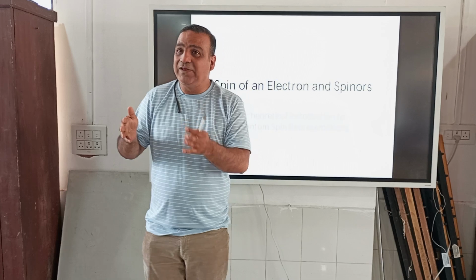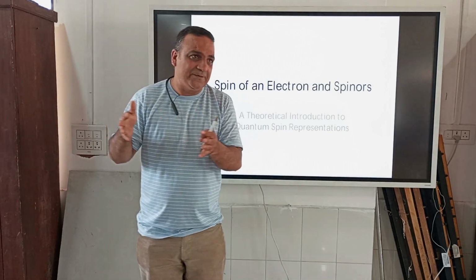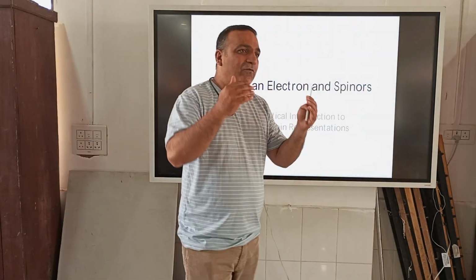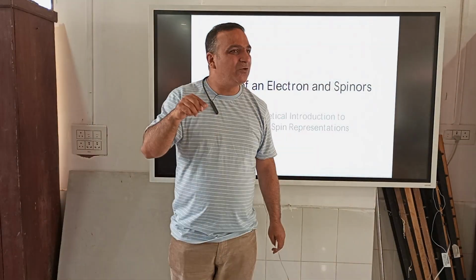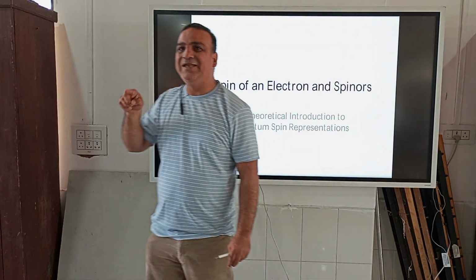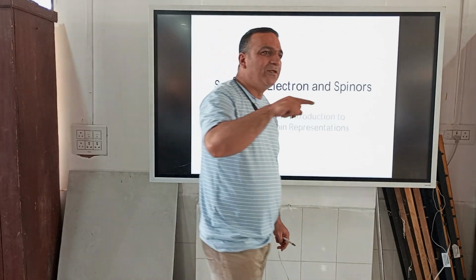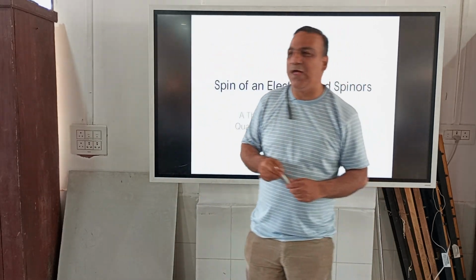But we can put an analogy, and using that analogy, we can say that spin angular momentum should also be quantized, and this spin angular momentum must be equal to under root of s into s plus 1 h bar.